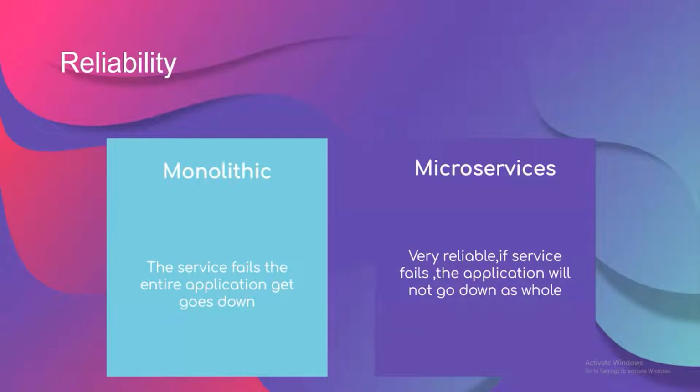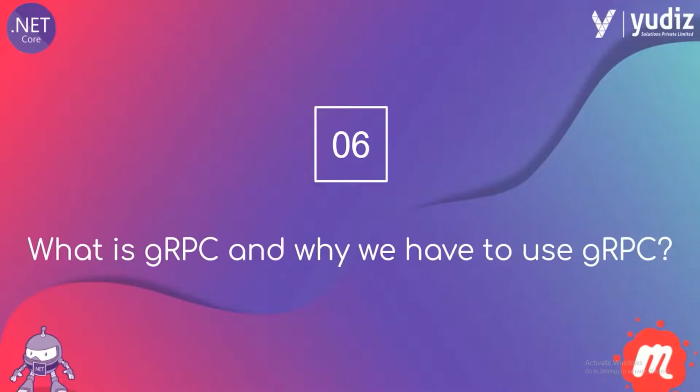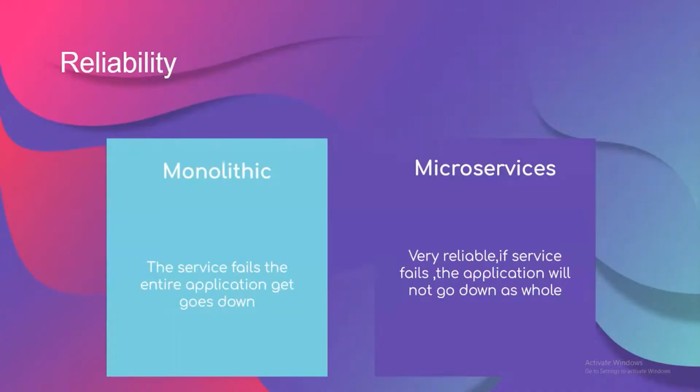Any questions from the audience about the differences? Hello, can you hear me? Yes. So what I understood based on the reply is that a microservice is a service which inherits the main service, right?